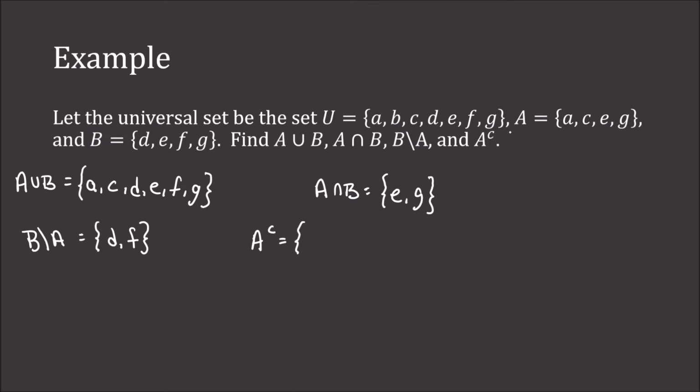So A is in A, B isn't, C is, D isn't, E is, F isn't, and G is. So A complement would be B, D, F.